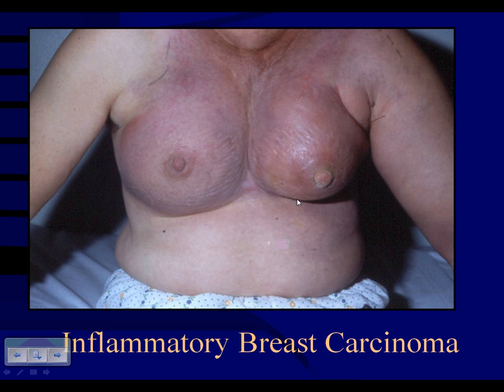Here's an example here, both breasts. It's horrible. And also the other description that you'll see is that the skin will have this orange peel, or what we call in French, peau d'orange appearance, which means orange peel-like appearance, because the skin gets kind of mottled and thickened and so edematous that it gives it that orange peel appearance.